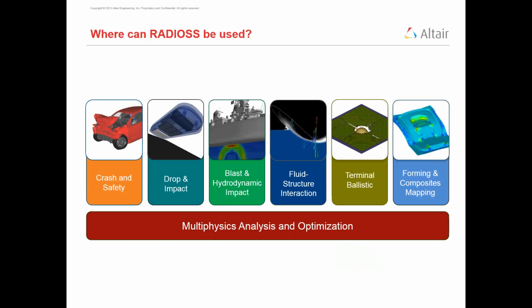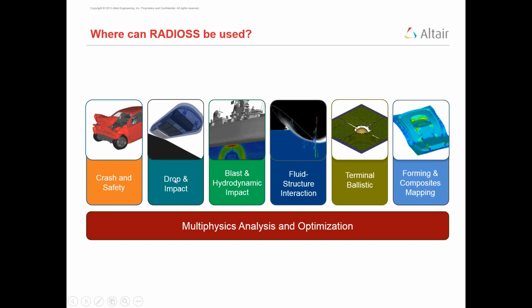If you look at where RADIOSS is mainly used, it is crash analysis, and today's demo will be focused on crash model setup. It's a full frontal model setup, and we will also show you a little bit of a pole impact model.